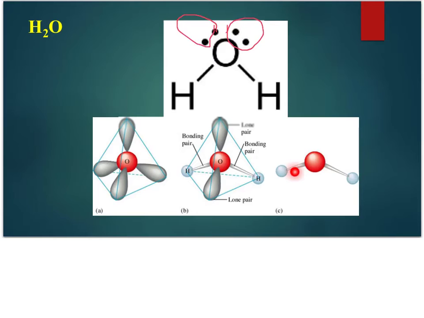Okay, and if it's bent, we're going to expect the angle to be somewhere around 109.5. It's actually going to be less than 109.5 because you have 2 lone pairs now. So that angle is actually somewhere around 104.5.